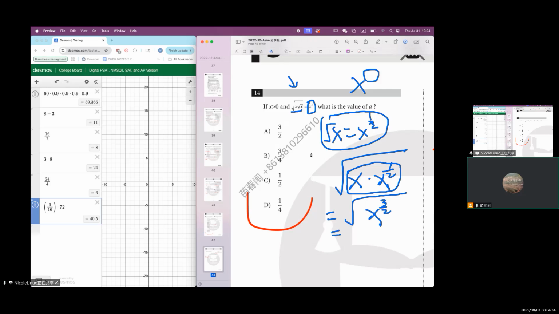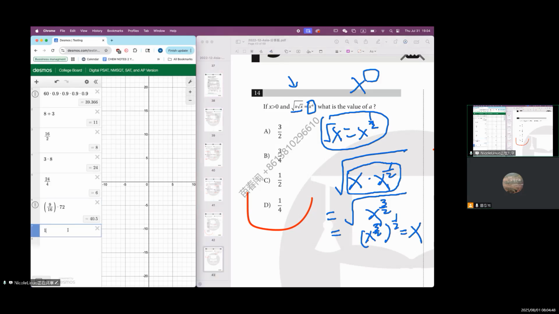It just becomes 1/2, and then it becomes (3/2) to the 1/2 power, which is B. Oh, that one wasn't hard then.